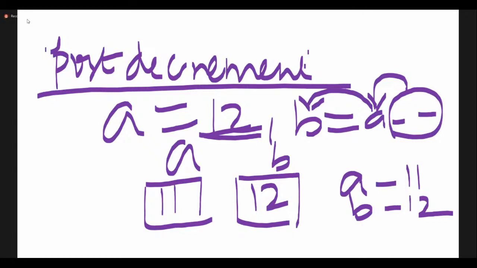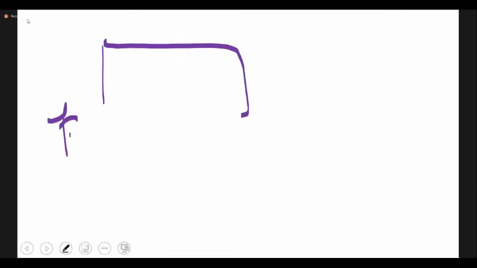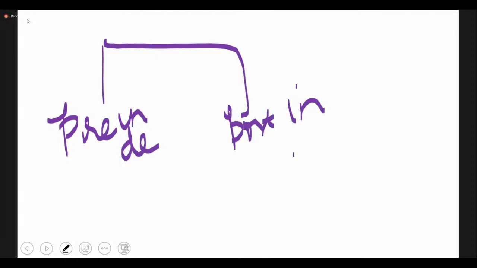Whenever you're talking about increment and decrement operators, increment is to increase a value by one or more times and decrement is to decrease a value by one or more times. These operators are broadly classified into two categories: one is pre-increment and pre-decrement, and the other is post increment and post decrement.